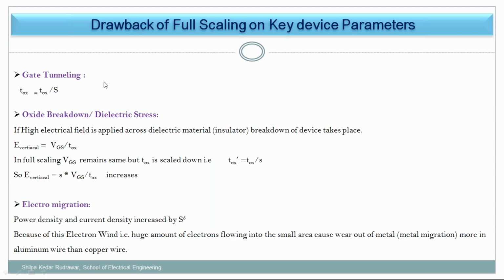That is gate tunneling. As I discussed in the hot electron effect, as the gate oxide thickness decreases because of scaling down of the device, what will happen? When the oxide is thinner, electrons are more energetic, and they will rupture the oxide layer, and a gate current will flow.